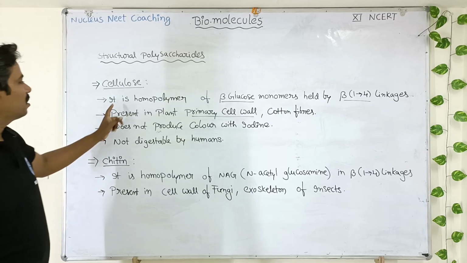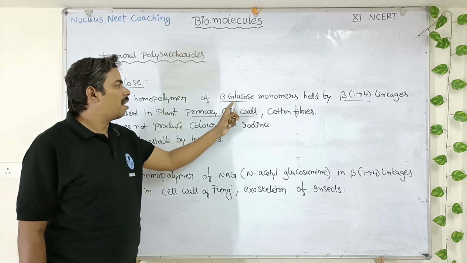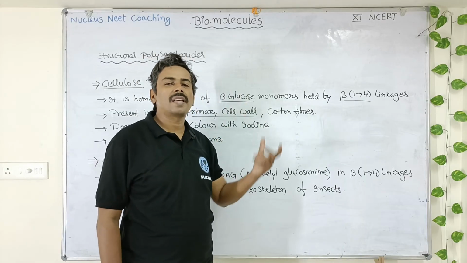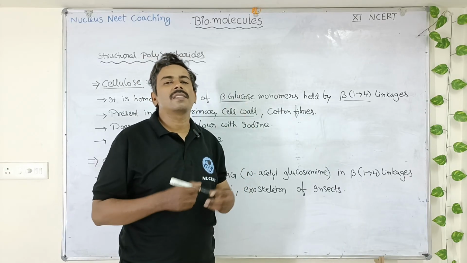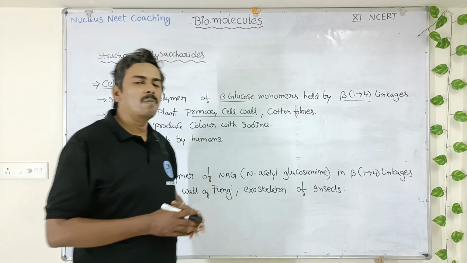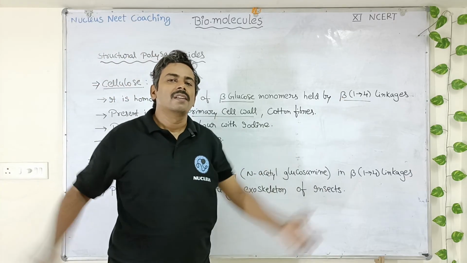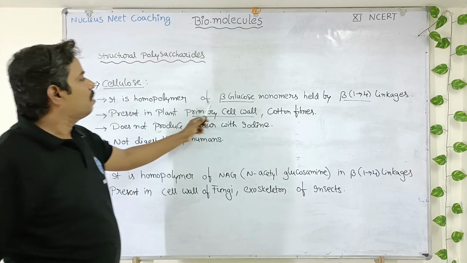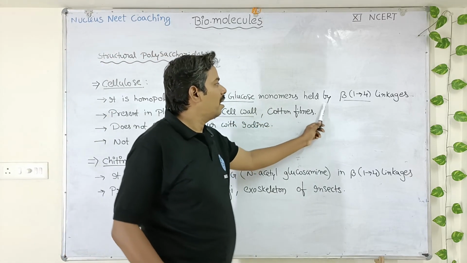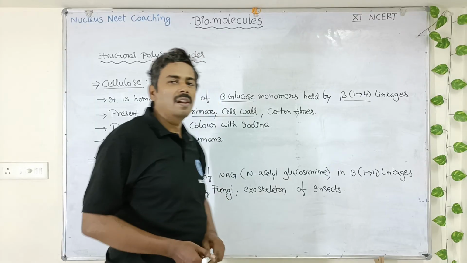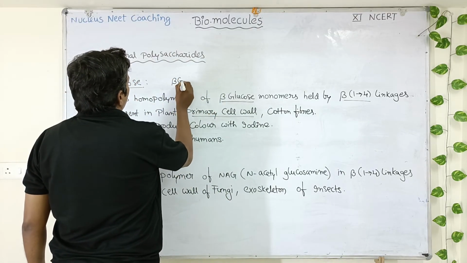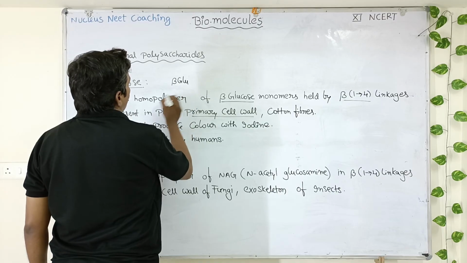Cellulose. Cellulose is a homopolymer of beta glucose monomers. That means beta glucose monosaccharides are held to each other by several glycosidic bonds to form a very long chain that results in formation of cellulose. So it is a homopolymer of beta glucose monomers held by beta 1 to 4 linkages. Look here, this is a beta glucose molecule.